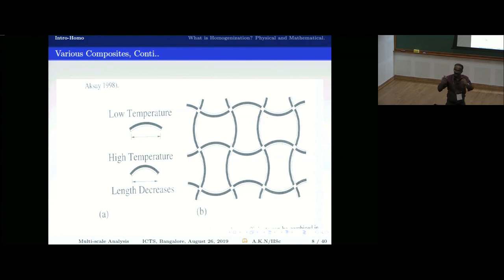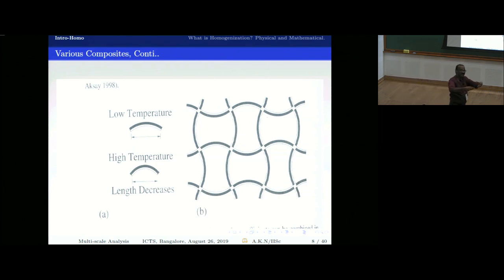If I create a material like this, with these microstructures, and heat this portion, the distance between these two will increase because the bending goes up. Similarly, the distance between the other two decreases, so all these four points' distances decrease, which means that it shrinks. So you can make a microstructure from iron for which the material shrinks.